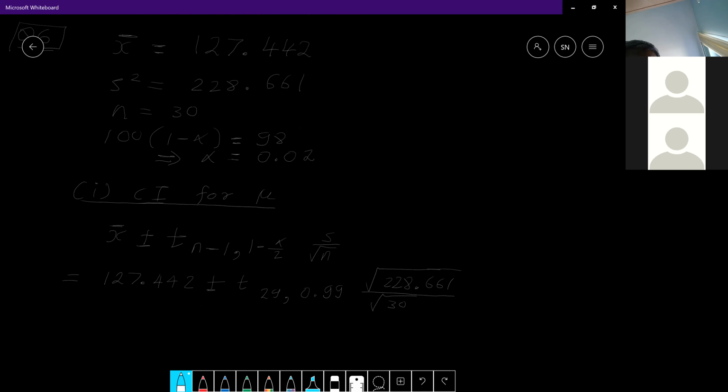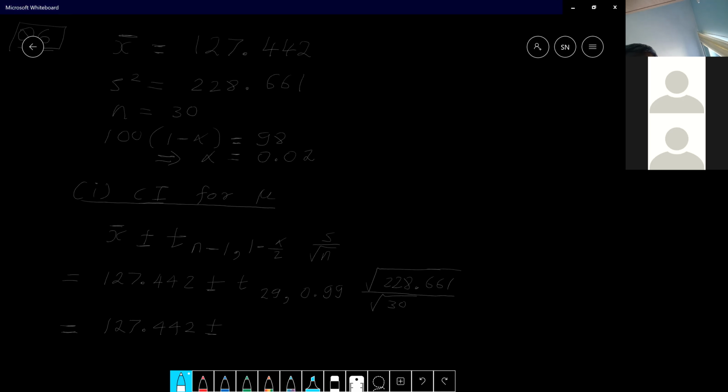Now if you read the t table, which I gave you a copy of a long time ago, with 29 degrees of freedom, you'll get that to be equal to 2.462.